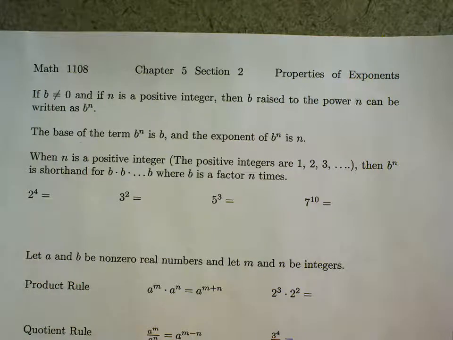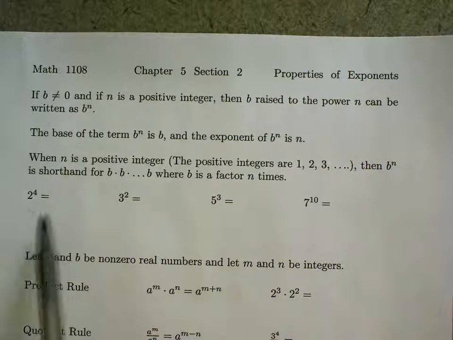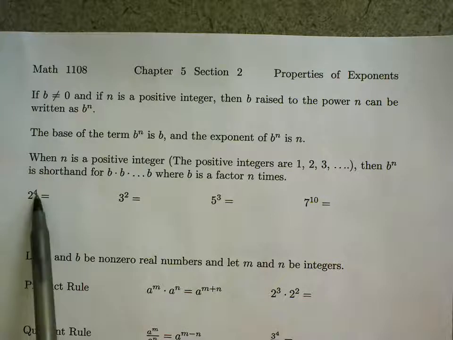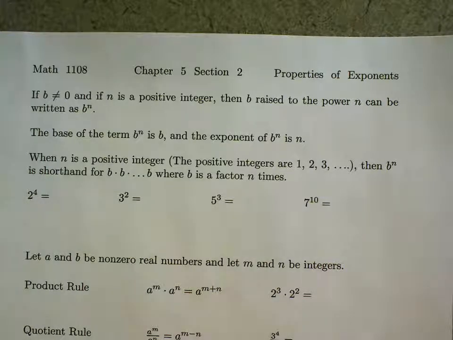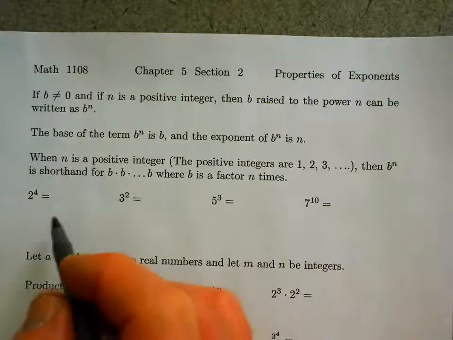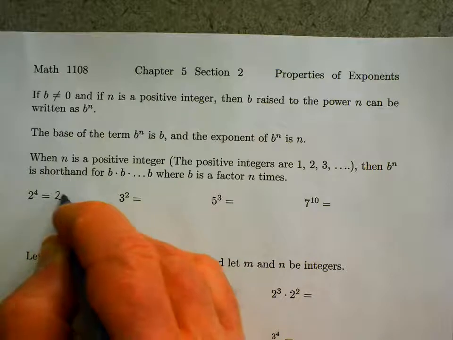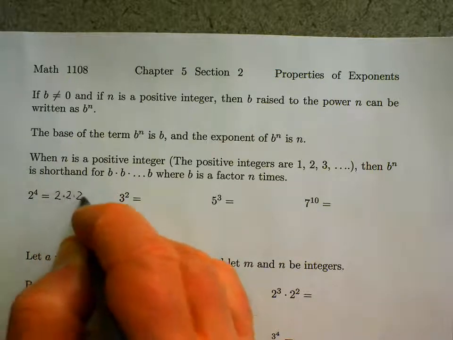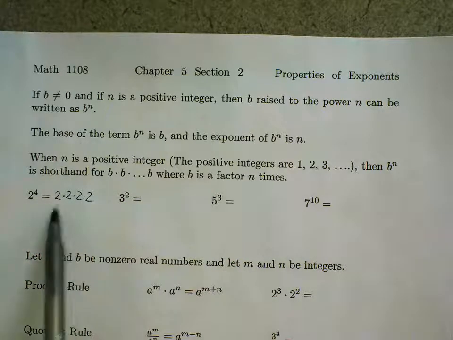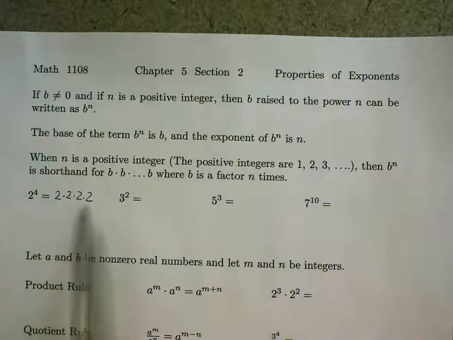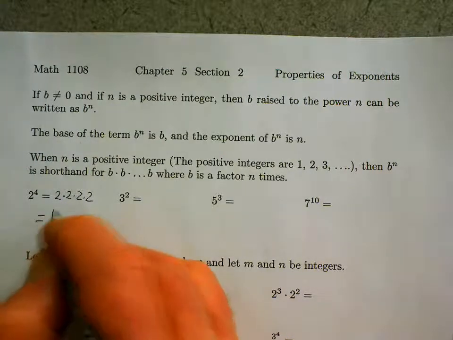Okay, so to illustrate that, 2 raised to the power 4, well, what does that mean? It means 2 times 2 times 2 times 2. And then when you multiply 2 times 2 times 2 times 2, you get 16.